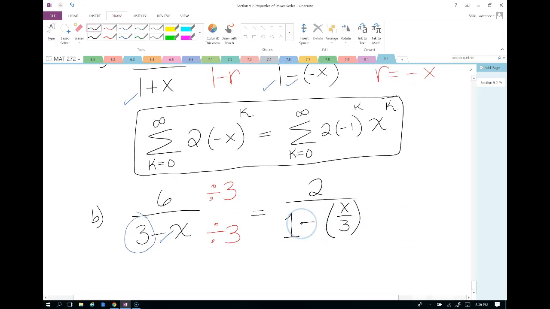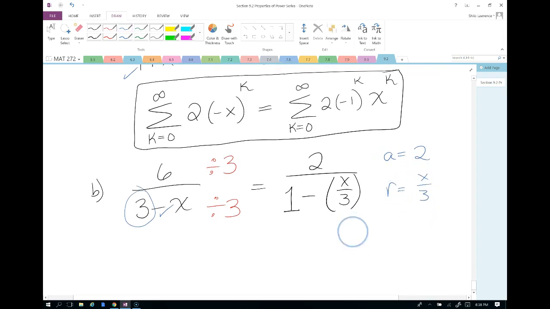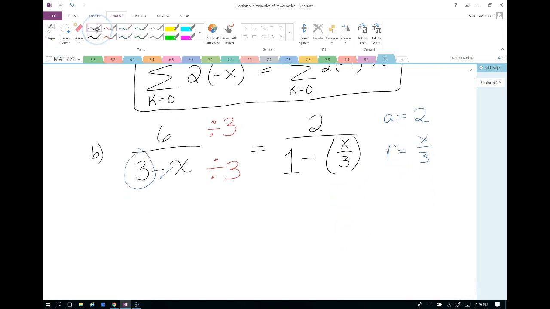And now we've got our 1 and our minus, and we're ready to identify the a as being 2 and the r as being x over 3. So our series for 6 over 3 minus x is the sum from k equals 0 to infinity of a times r to the k.